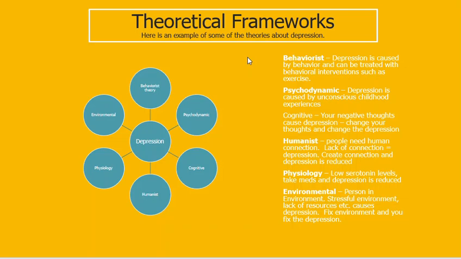If I'm a humanist, my theory is that people need human connection. So lack of connection equals depression. So I would set up a study and say, if I create connection, will depression be reduced? So finding some social support groups, testing depression before, testing depression after, I would be able to say that I'm using a humanistic type of theory to reduce depression.